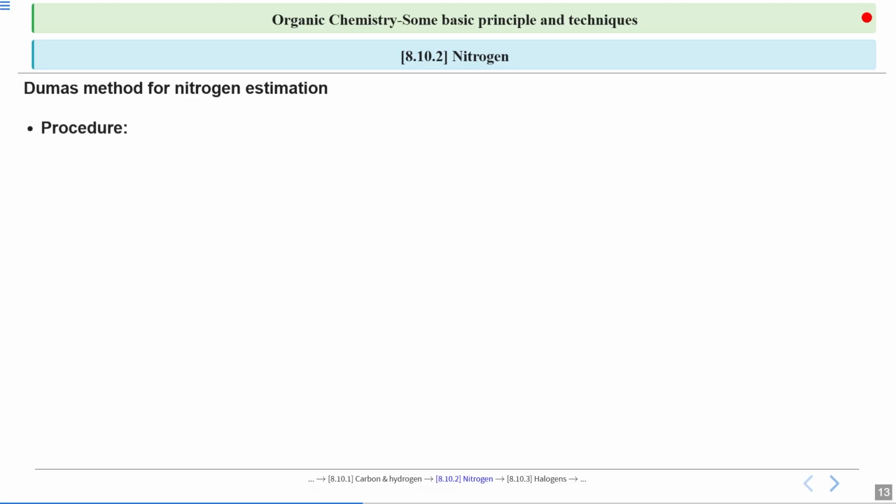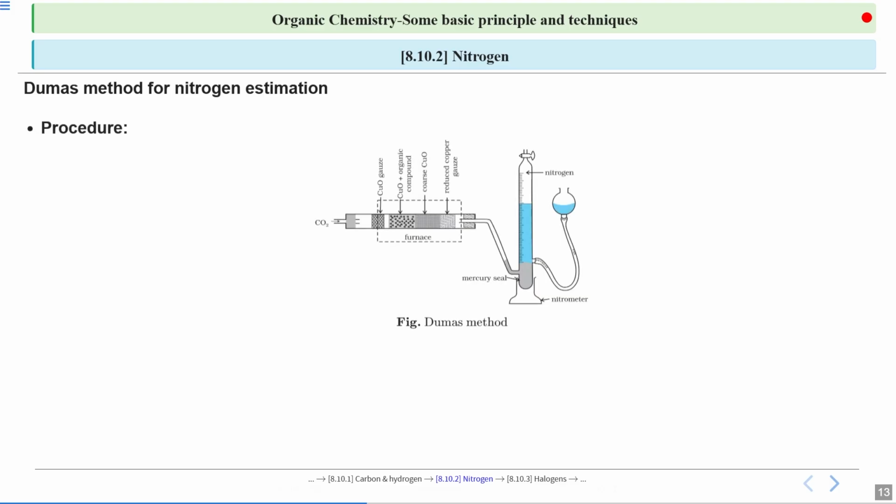Now moving on further. Now we have talked about the copper oxide gauze and the copper oxide plus organic compound layer importance. Next, let us focus on one specific part of the setup, the section containing coarse copper(II) oxide.